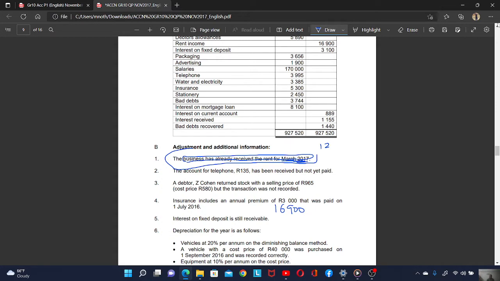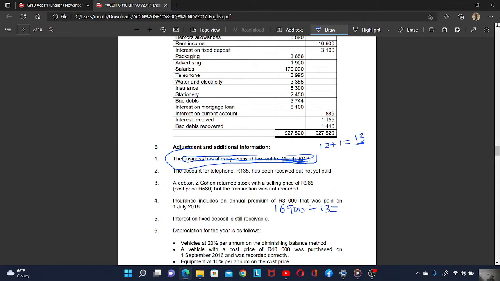And now we have received the rent for March. This means that now we have 13 months because the year ends on 28 February. This means that this rent is for 13 months. So we need to find out how much the rent per month is.